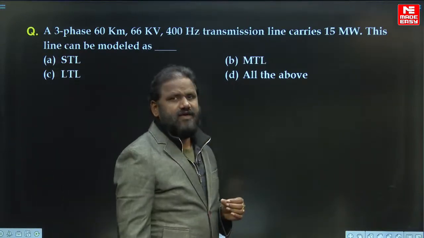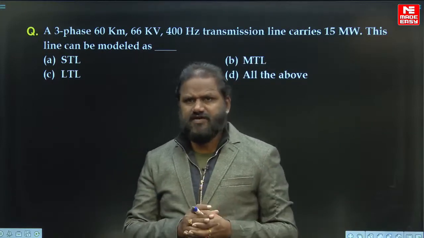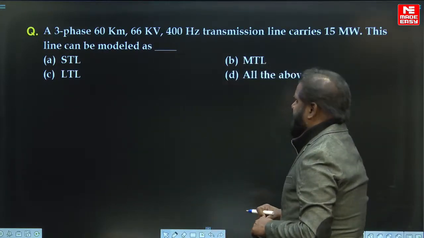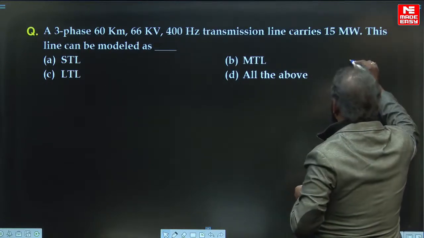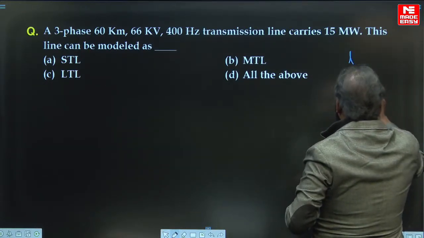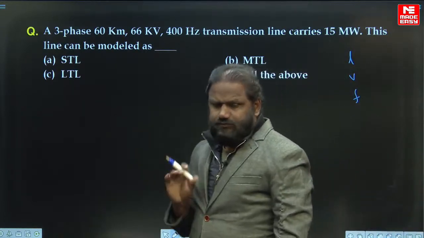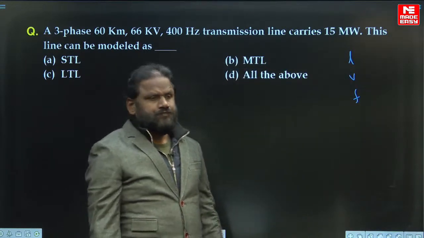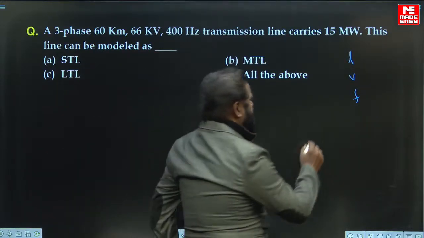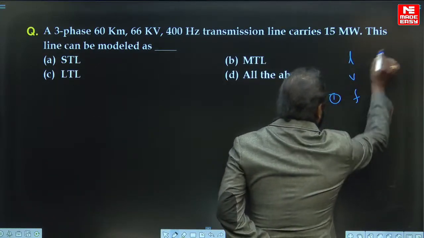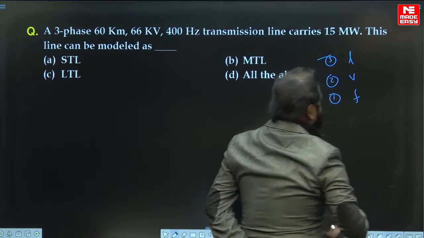We know this is the modeling, or classification, or categorization of the line. In the definition, the categorization of the line is done with 3 things: length, voltage, frequency. In this, the first priority is given to frequency, second priority to voltage, third priority to length.